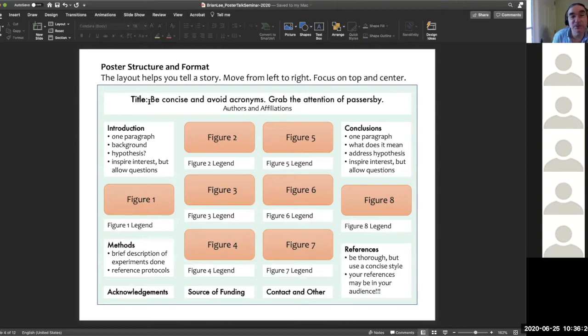I didn't highlight this before, but the title and the headings that are shown here are all done with a sans serif font or a non-serif font, which means basically that the letters don't have little decorations on them.